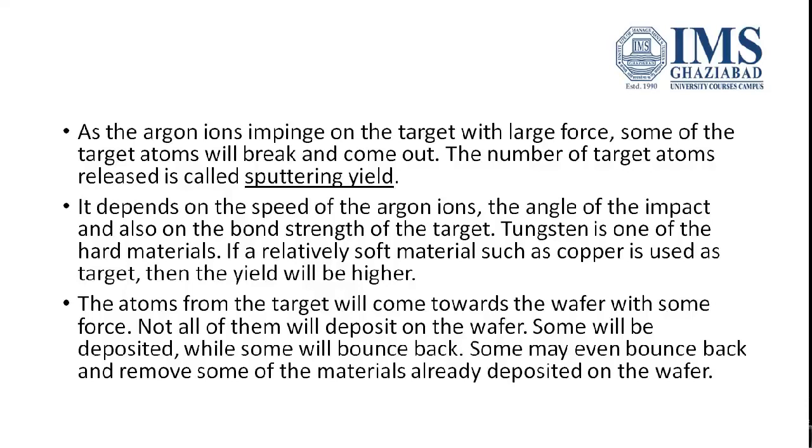Now the atoms from the target will come down towards the wafer with some force. Not all of them will deposit. Some of them will deposit, some of them will bounce back, and some may even remove material already deposited on the wafer. It is similar to a hut made of straw which has dust particles, and when you hit a ball on the roof of that hut, the dust particles will fall down and cover the floor.